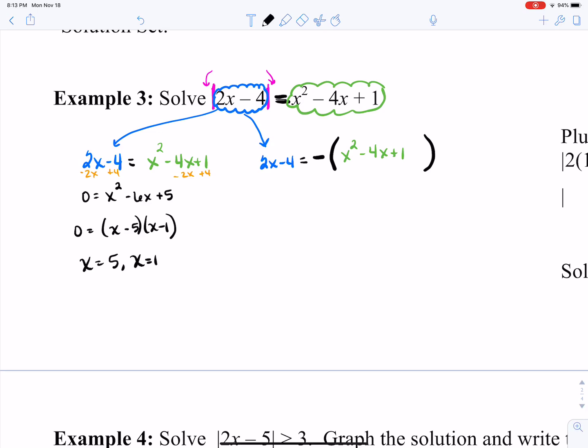okay, that one worked out nicely. And on this one, I'm going to go 2x minus 4 equals negative x squared, yuck, plus 4x minus 1. It's quadratic. I'm going to set it equal to 0, but this time I'm going to bring everything over here. That is not right.